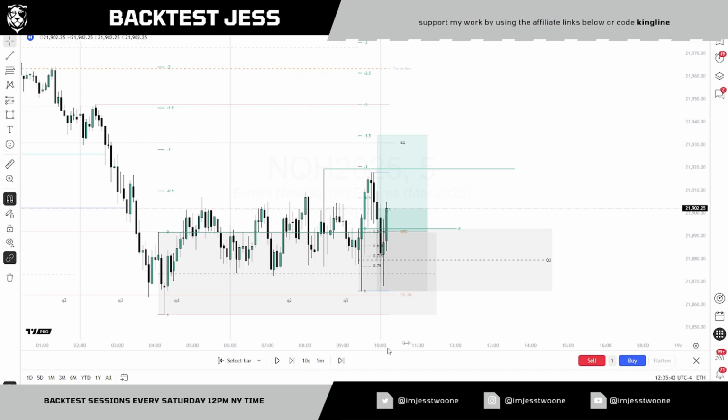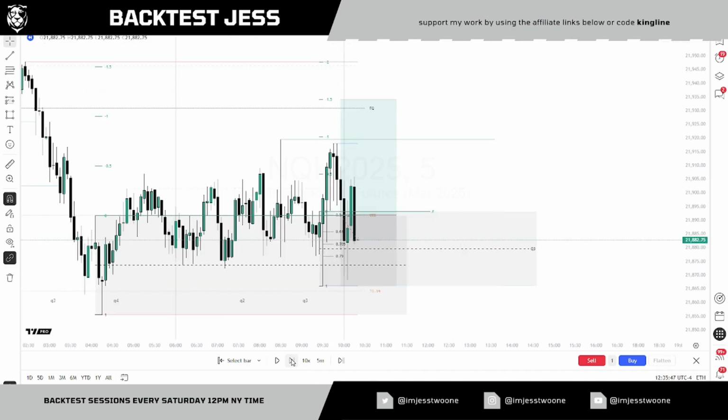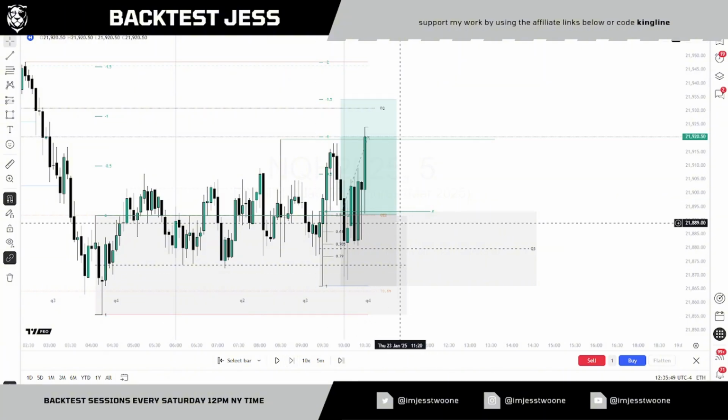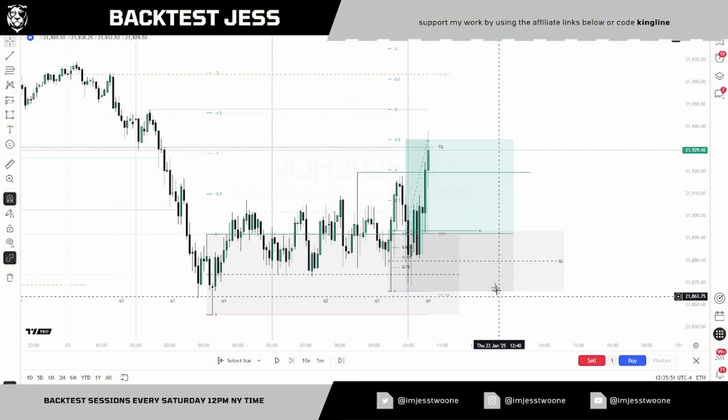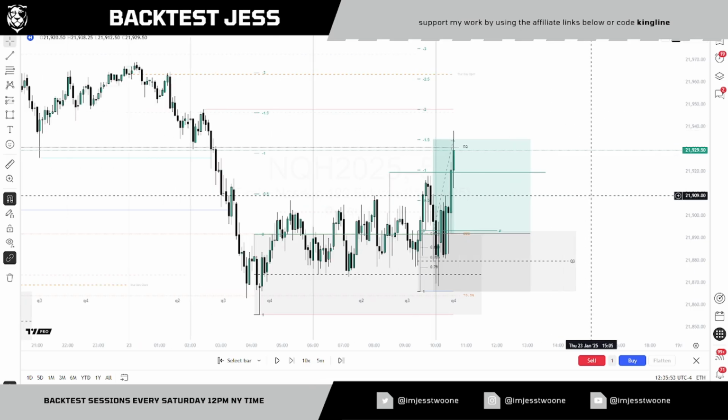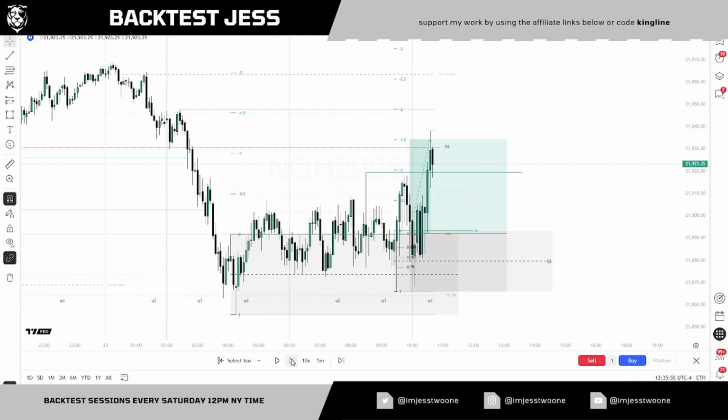But all of our TPs are the half levels until they fail us. Okay, so 0.79 triggered as well. This is looking like it's going to fail, and it does not. Okay, so 1.5 TP achieved. Let's see if it goes to 2.5. Ooh, these are deep retracements.